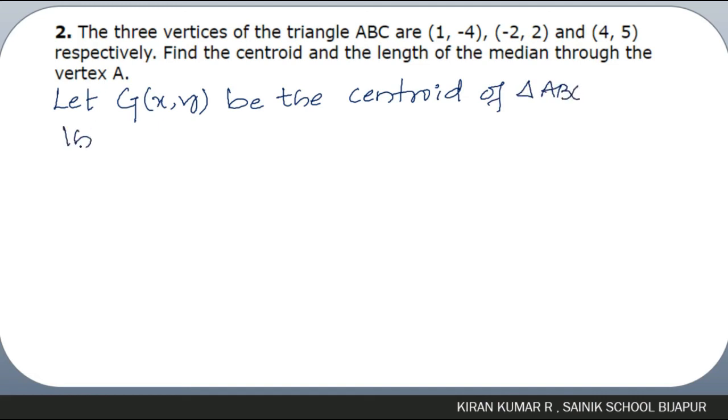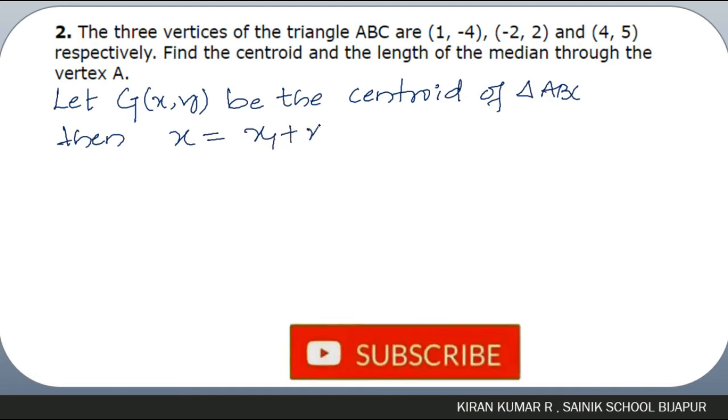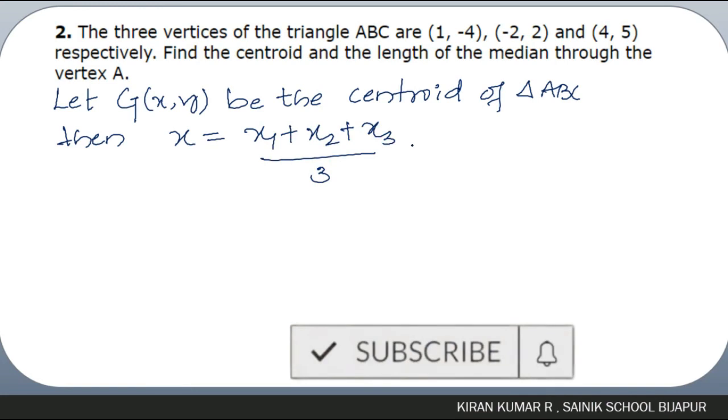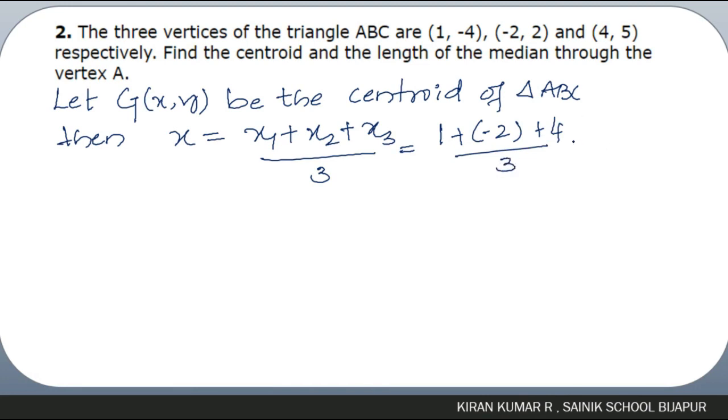Then the coordinate x will be x1 plus x2 plus x3 divided by 3. Let me substitute 1 plus minus 2 plus 4 divided by 3. We get it as 3 by 3, nothing but 1.